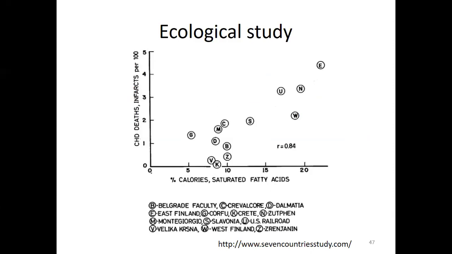On the x-axis, we've got percent of calories from saturated fatty acids, and on the y-axis, this is CHD deaths per 100. This is more than 7 because several of the countries have more than one location they were doing.